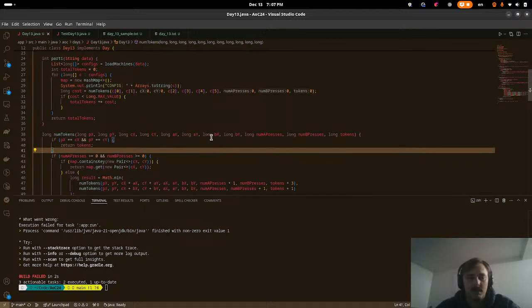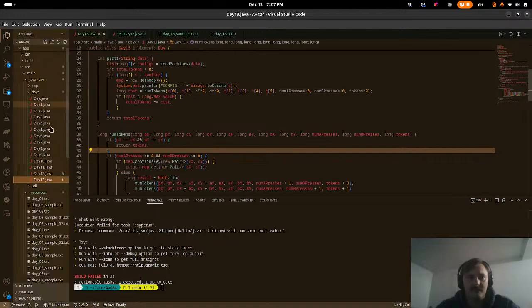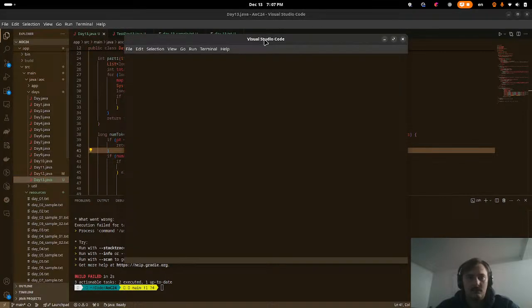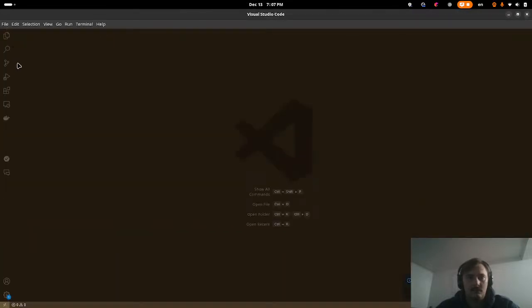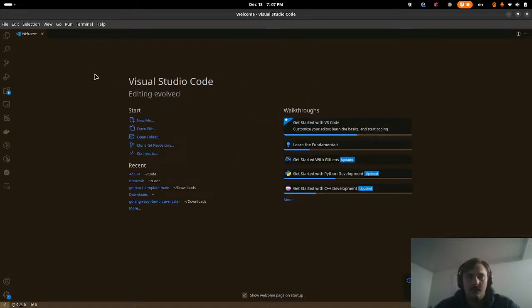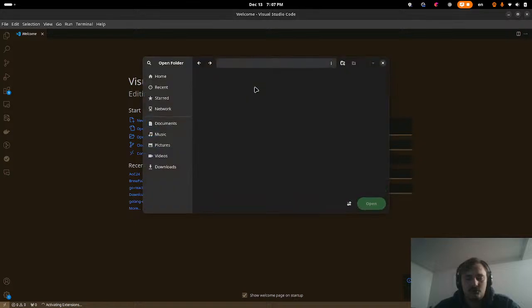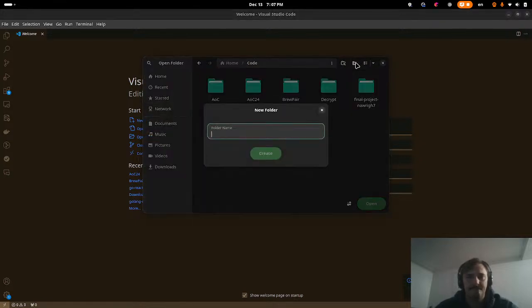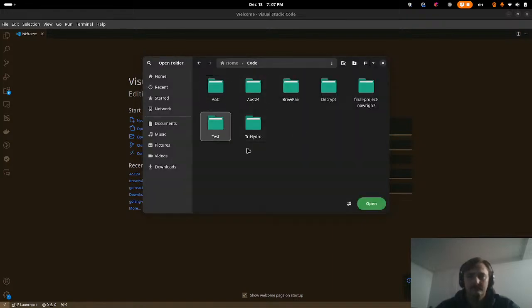So I guess the stack is pretty big. Let's do like a little test file real quick. I just want to see something. Oh, I already have one. Yeah, open that up.